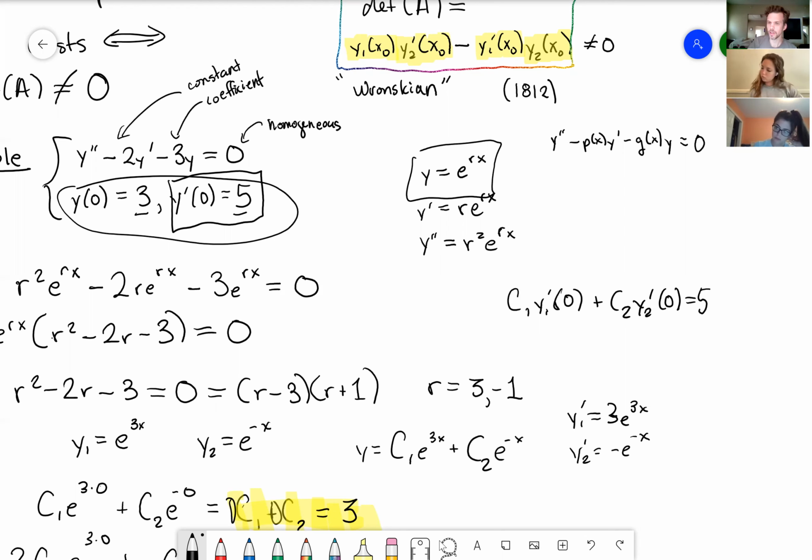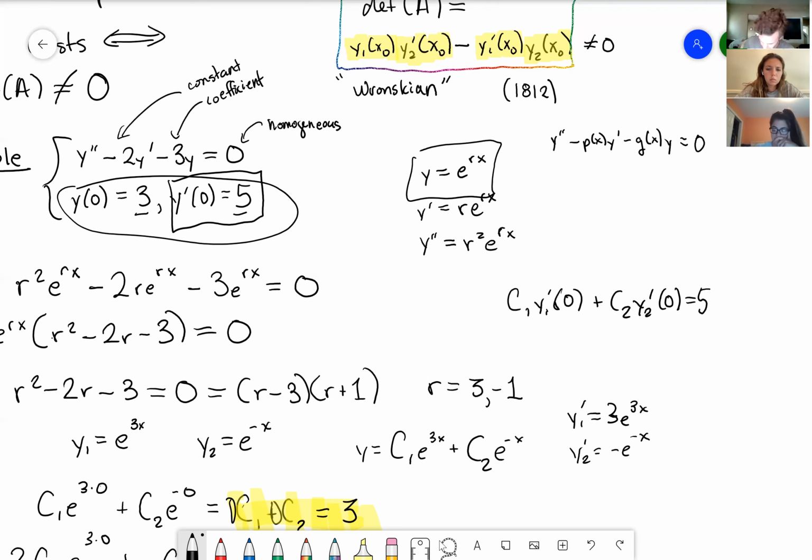So if we ended up with a square root of a negative number, we would get complex roots. Hopefully we'll talk about that, and we'll see that those also end up being solutions we can consider.